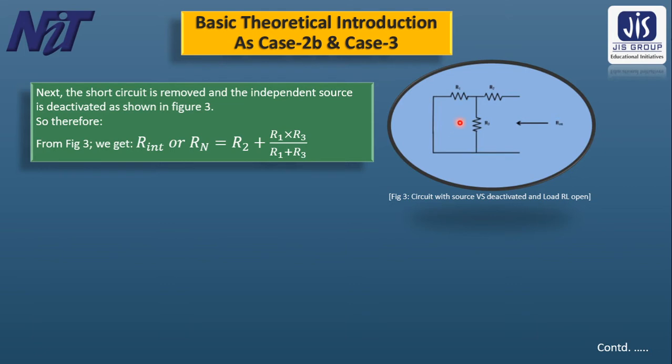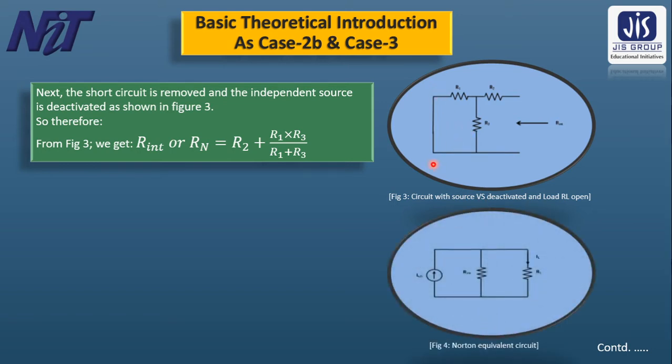So the total Norton resistance of this circuit, if we measure from this node to this node, is R2 plus the equivalent resistance of these two resistances, R1 and R3. So we get Rn by the summation of this resistance and the equivalent of these two resistances.